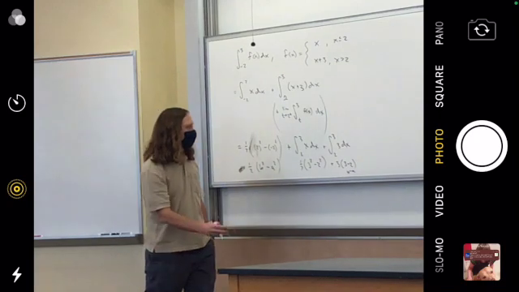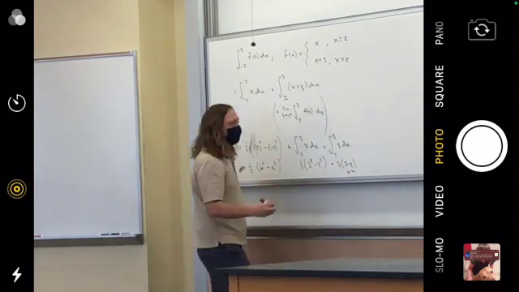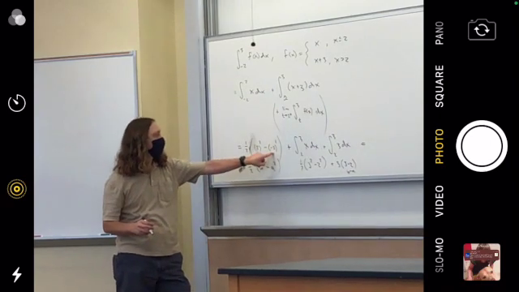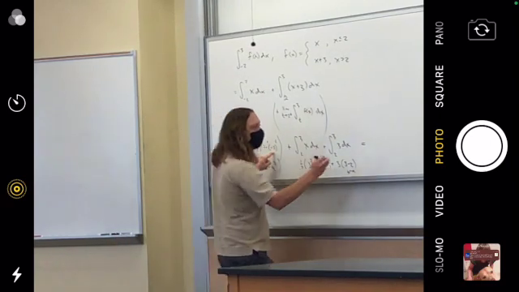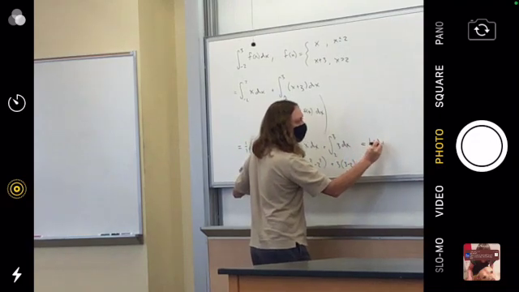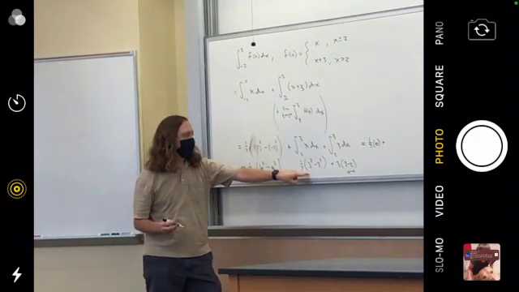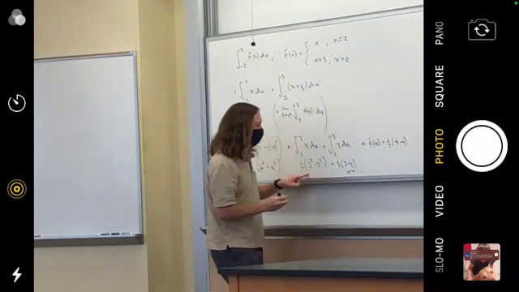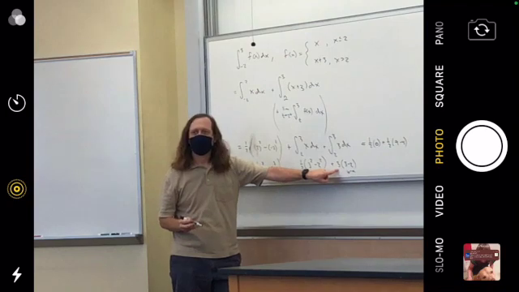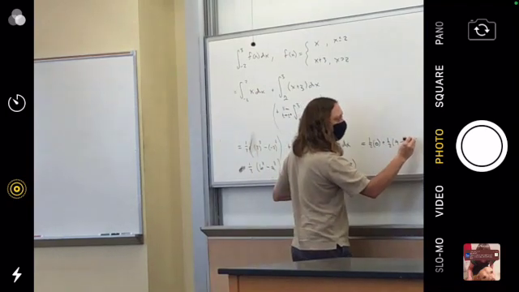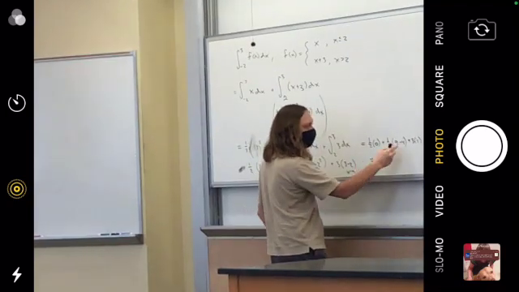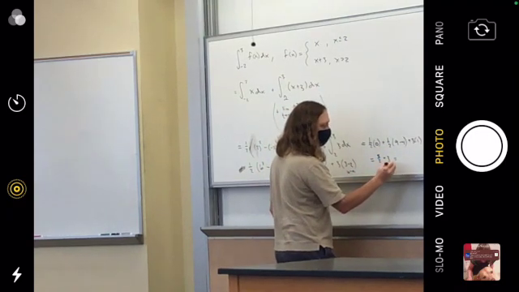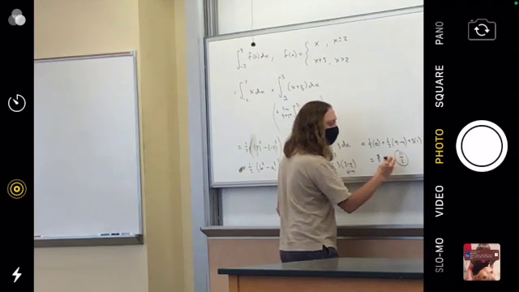What would this equal? This one is 1/2 times 9 minus 4. And this one is 3 times 1. So what do I get? 5 halves plus 3. So 11 halves.